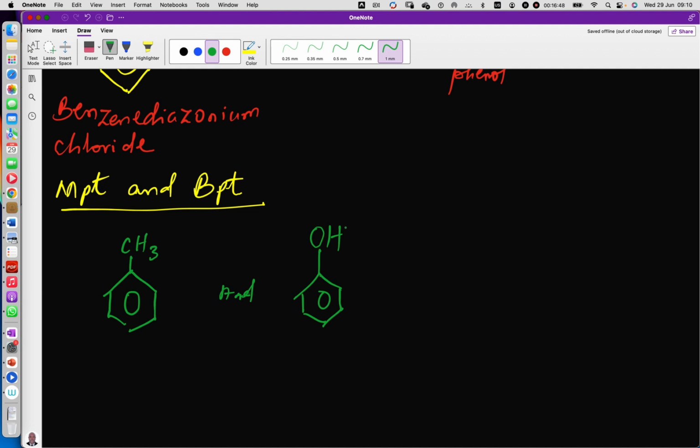The simple reasons are these. The first reason is that the OH group on the phenol can form hydrogen bonds with water molecules. The second reason is that the benzene ring is non-polar, and the non-polar nature of the benzene ring gives rise to weak van der Waals forces.